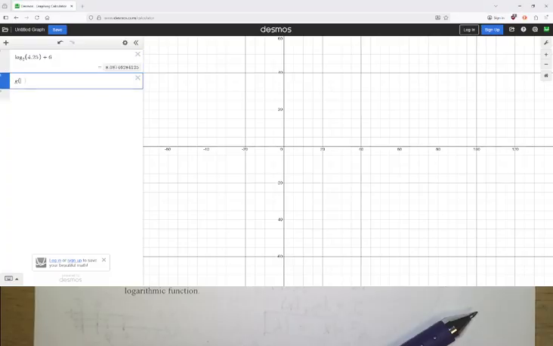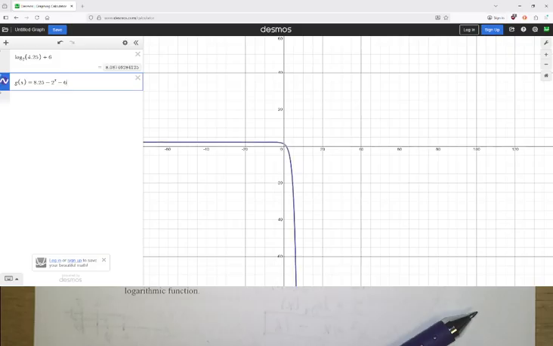So we have g of x is equal to, what was it? 8.25 minus 2 to the x minus 6.